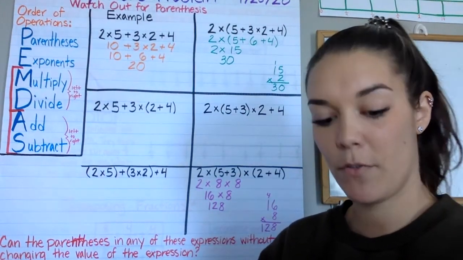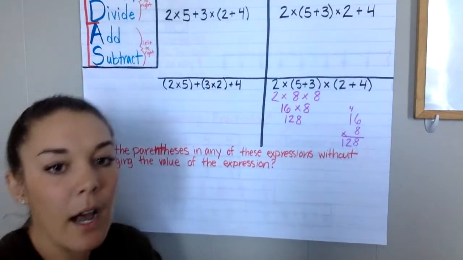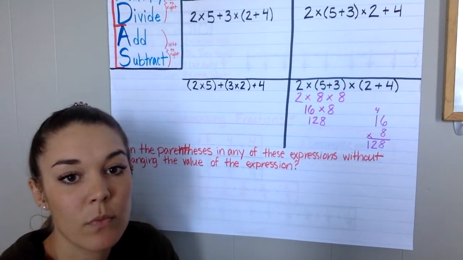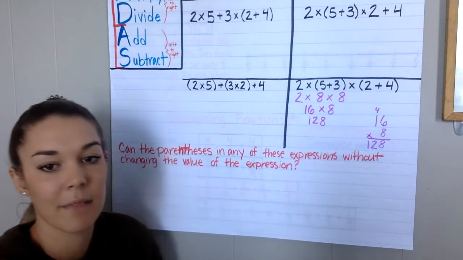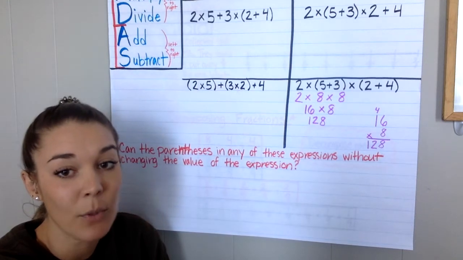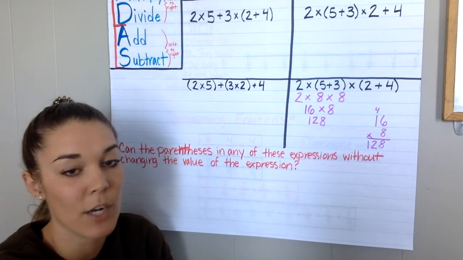The last thing I'm going to review with you is the problem at the end. So it says, can the parentheses in any of these expressions, oopsie, I think I actually skipped some words, but it says, can you remove any of the parentheses from the expressions without changing the value of the expression?